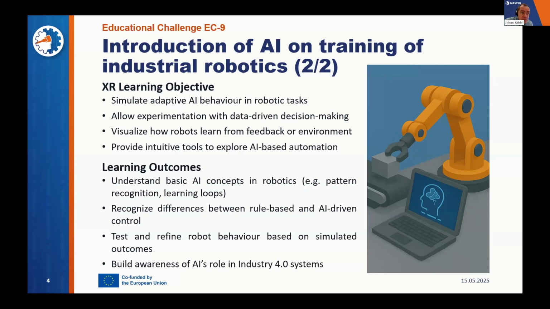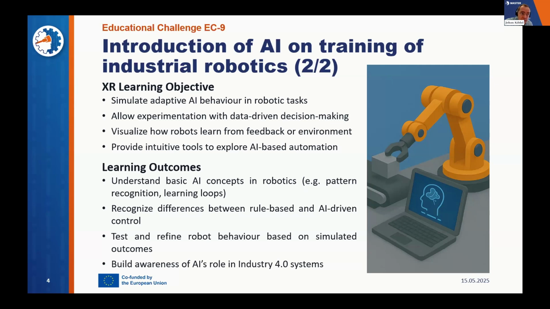So the outcomes that we expect are a good understanding of the basics of AI applied to robotics, like pattern recognition or learning loops, to recognize differences between rule-based and AI-driven control. I think being able to distinguish those is a basic building block of the whole discipline.